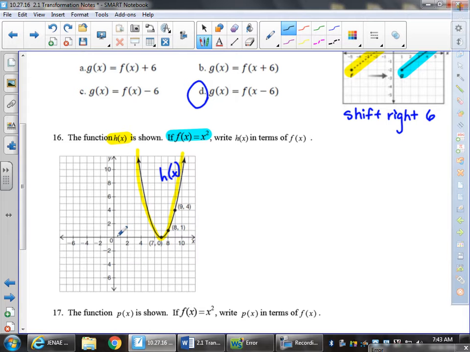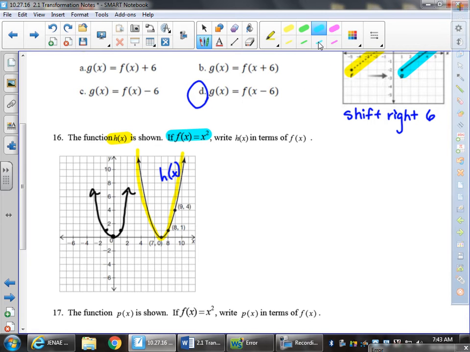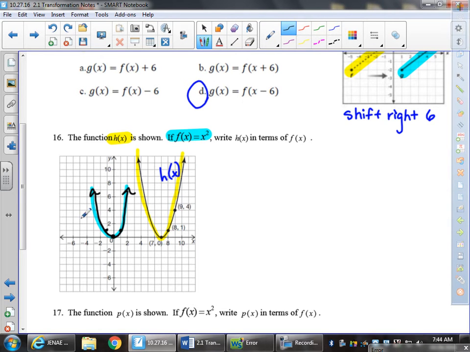So here's another strategy. Has f of x been graphed? No. Well, could we graph it? Yeah. We know what the parent function looks like, right? So let's get it on the graph. So now we have f of x on the graph.